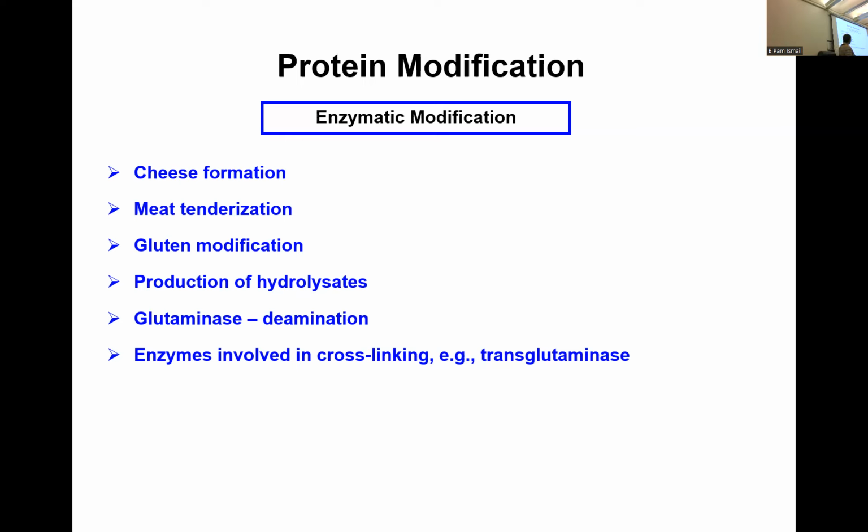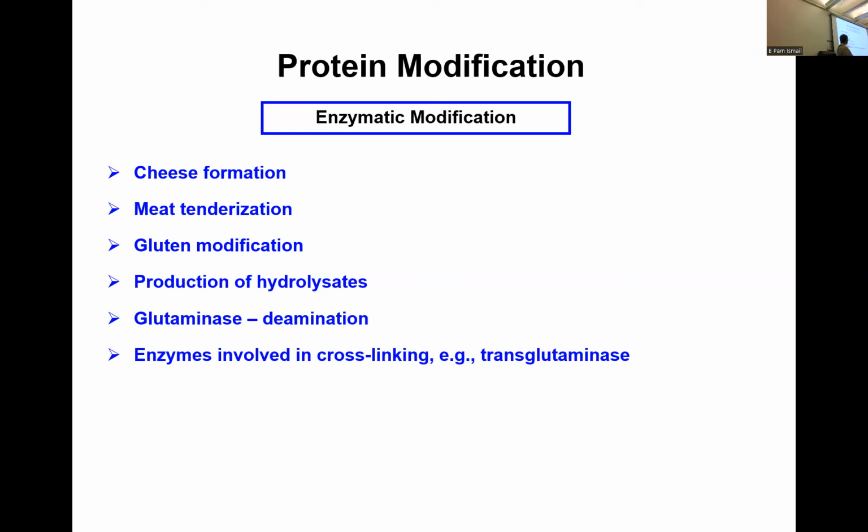Using glutaminase, which is an enzyme that deamidates glutamine in proteins, releasing ammonia, that would free the carboxyl group and add negative charge.